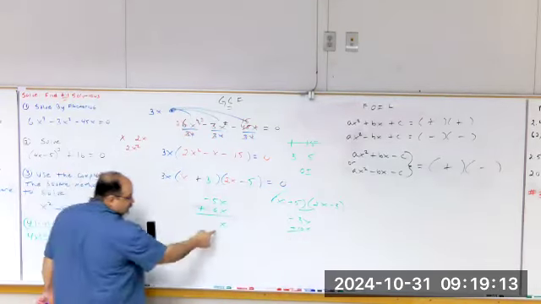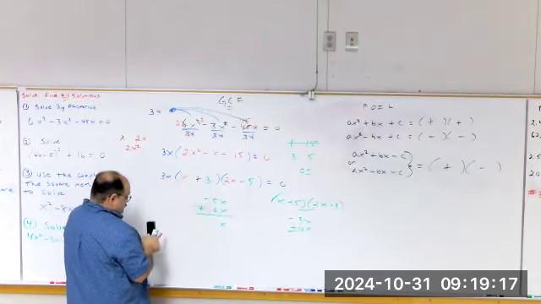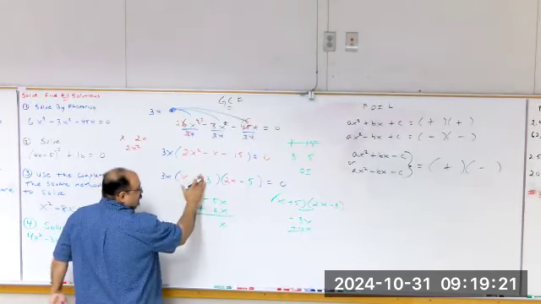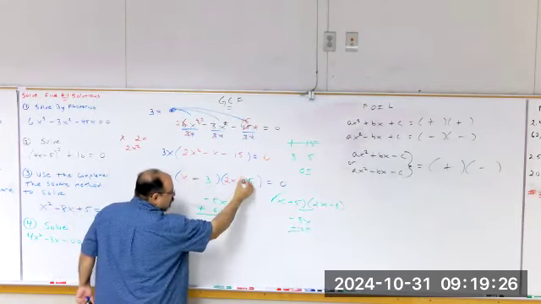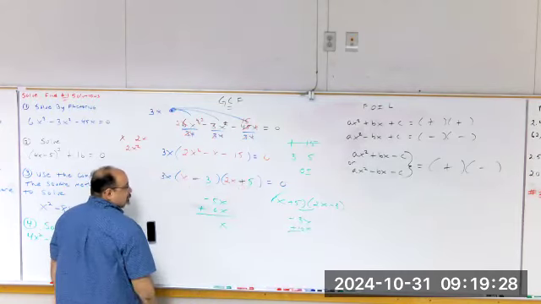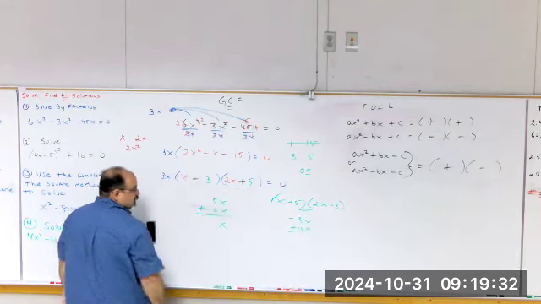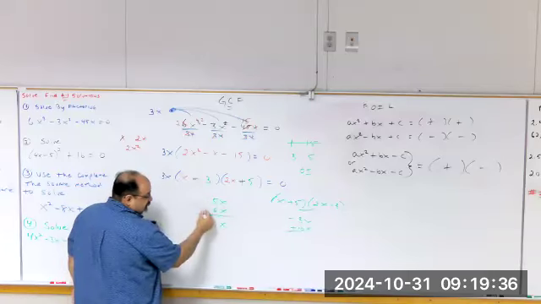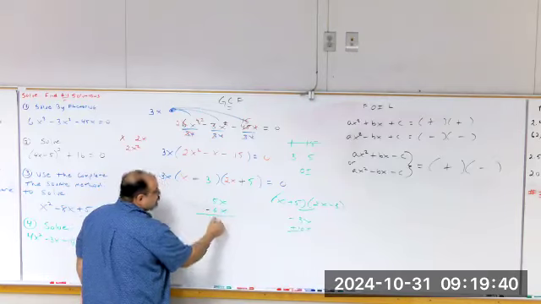When you have the right amount, but the wrong sign, you switch the signs. Make this one the negative. Make this one the positive. Switch the sign. Because now it's positive x times positive 5, that's positive 5x. Negative 3 times 2x is negative 6x. 5 minus 6 is negative 1.